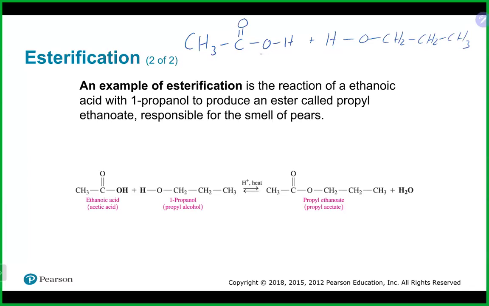Then all you have to do is put a box around the water and squish everybody else together. That's a good way to visually see it. You just take your water out, start drawing from there, and end up on this side.